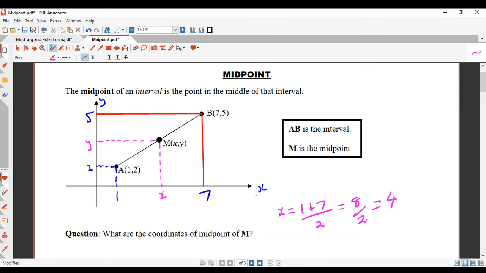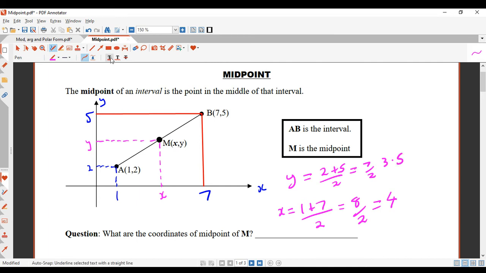Now, we'll do the same thing for the y coordinate. For the y coordinate, I want to find the y value which is halfway between 2 and 5, because we're trying to find the middle. So it's going to give you 2 plus 5 divided by 2, which is 7 on 2, which is 3.5.